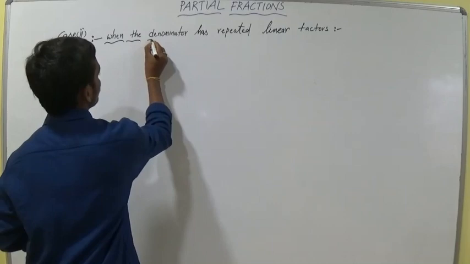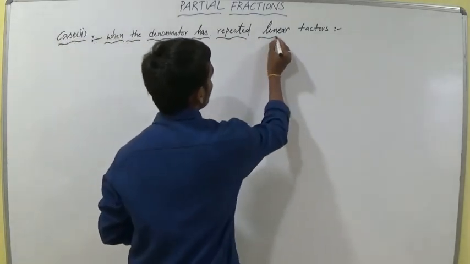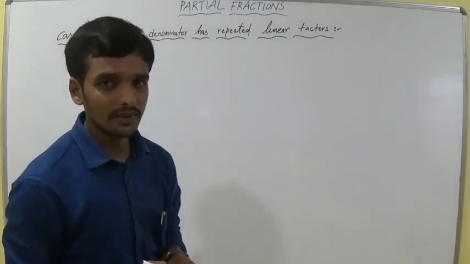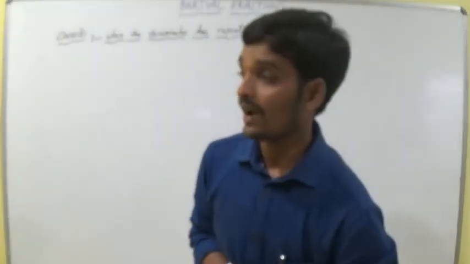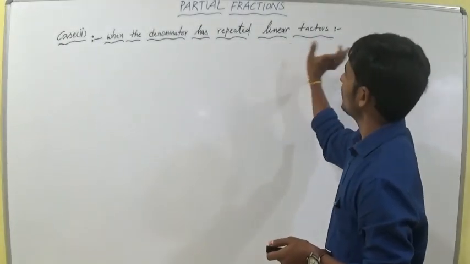When the denominator g of x has repeated linear factors. The denominator g of x has factors in the form of repeated linear factors.